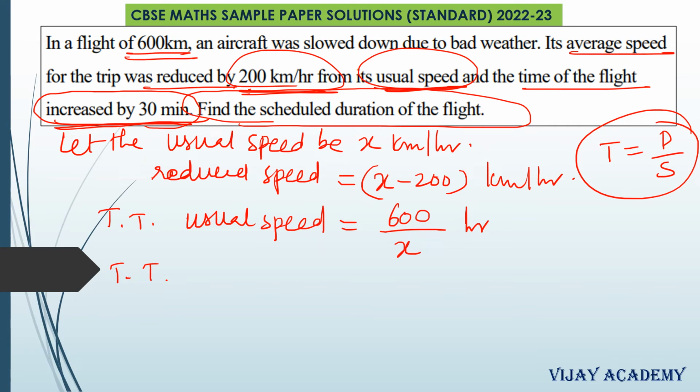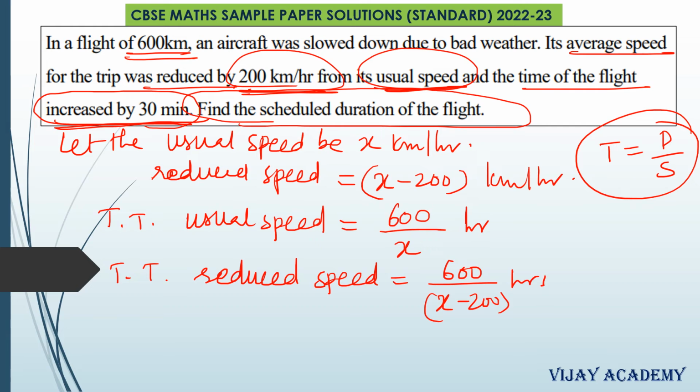Time taken in the case of reduced speed, again distance divided by speed, where the speed is x minus 200, is 600 by x minus 200 hours. In which of these two cases is the time taken more? The time taken is more in the case of reduced speed.